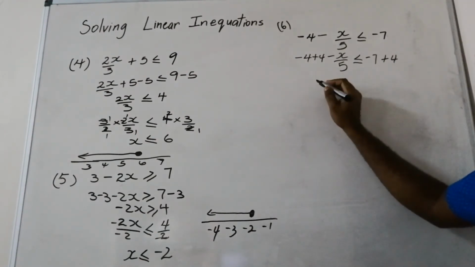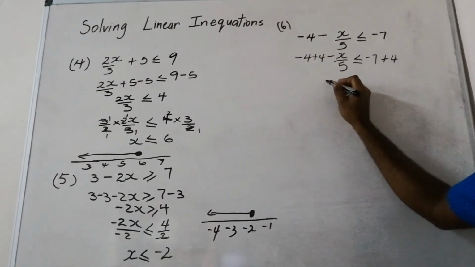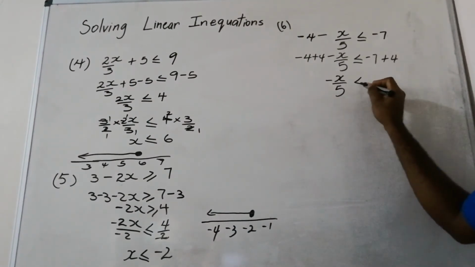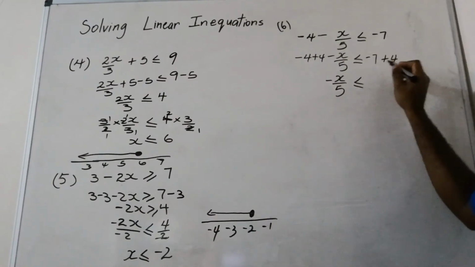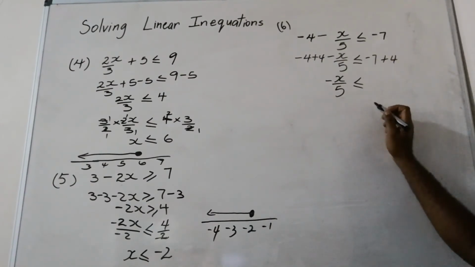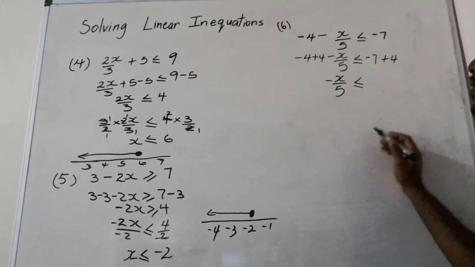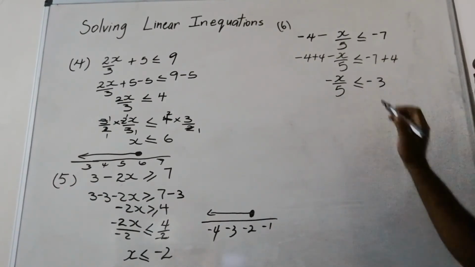Our signs are different, so we subtract. So we have here 0 take x over 5 is less than. Signs are different, we subtract, we will get negative, since our larger number is a negative, minus 3.